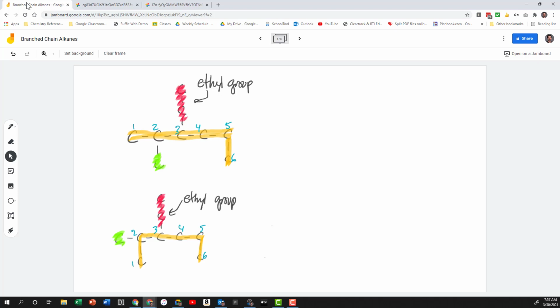So let's go with this. 3-ethyl. And then we put a dash between it. 3-ethyl, 2-methyl. Methyl, and in this case there's 6, so it's hexane.